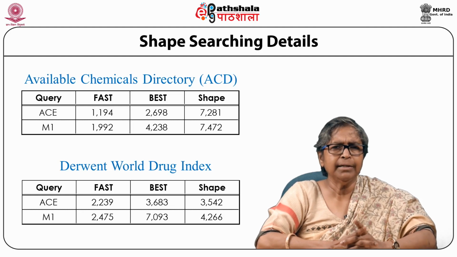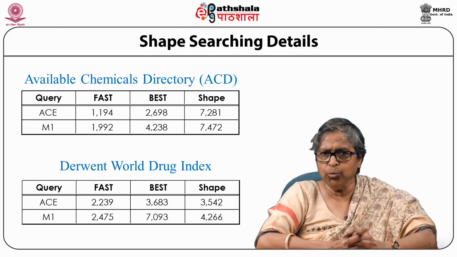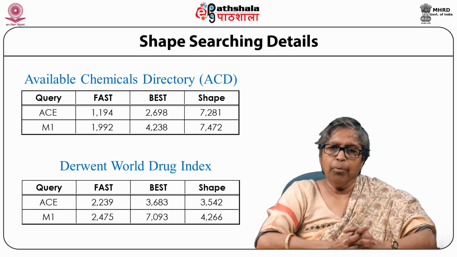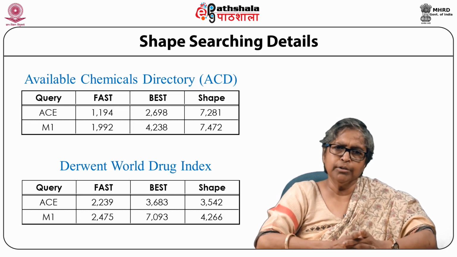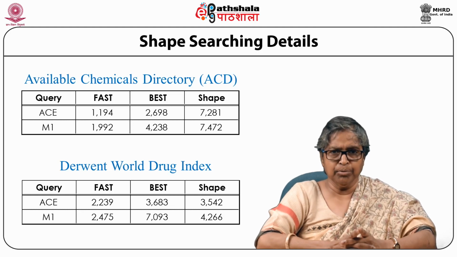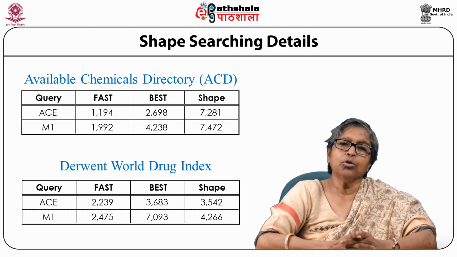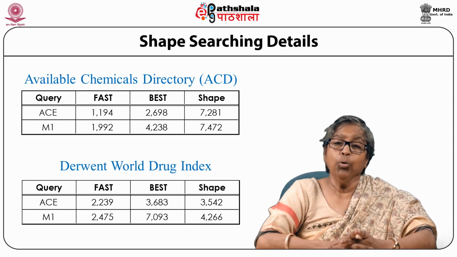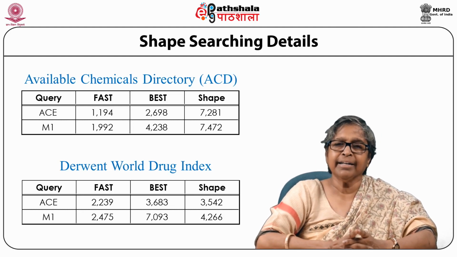Here it's very simple to depict the two different databases, like ACD or Derwent World Drug Index. One can search for all pharmacophore search or for shape search. A pharmacophore search can be done by quick, fast searching, which will yield a much smaller number of compounds. On the other hand, if we have a best search, that includes all the searches possible for all the conformers, we might get the same chemicals with two or many different conformers hitting.